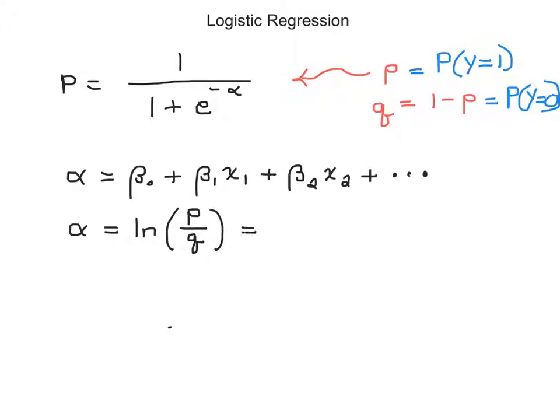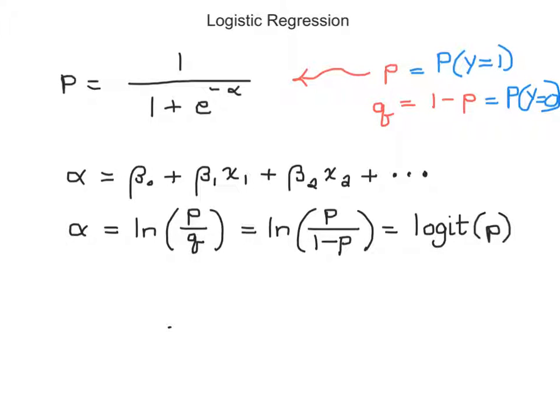We can also write this as the natural log of little p over 1 minus p. And this is called the logit function. This is the logit of P, the probability of a true outcome.